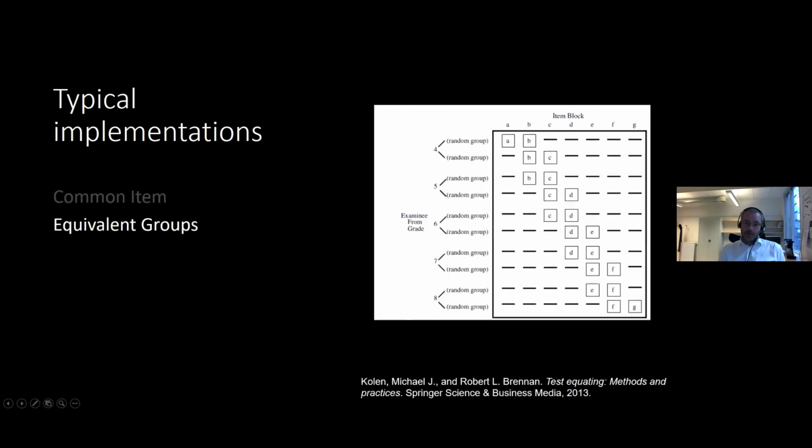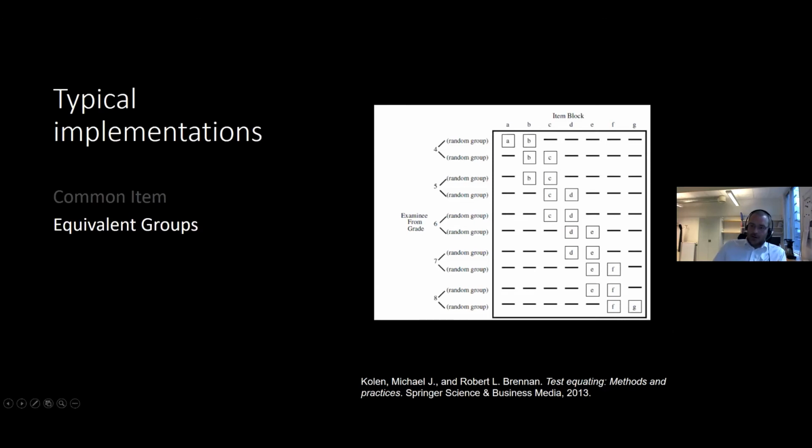The other approach is something called equivalent group design. So you might want to split your population into multiple groups. It looks similar to the common item design, and a lot of these designs combine different features, but you could rely on, for example, the assumption that if you split your group into 2 groups, they should have the same mean and distribution of ability, and then link that way.